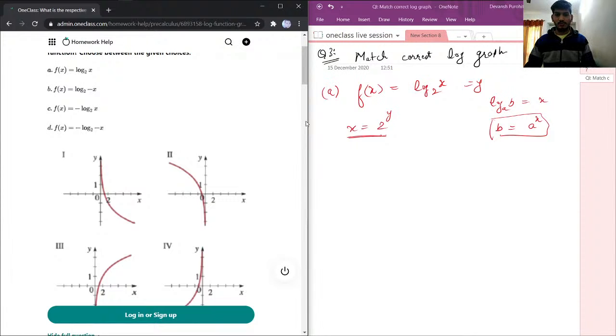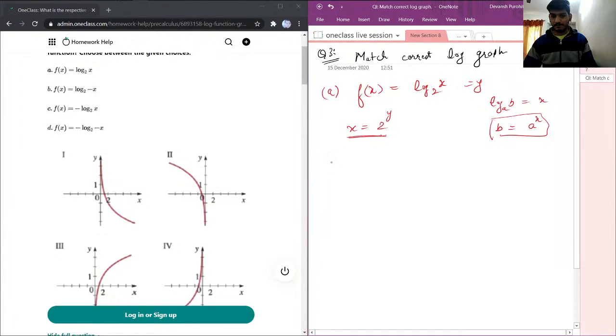Okay, so I will use another approach right now. I'll just convert the base of this log to y equal to, this will be ln of x over ln of 2. Now I will just take the derivative.